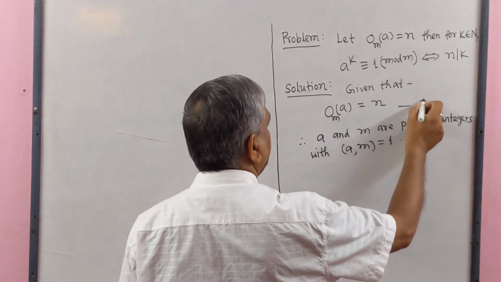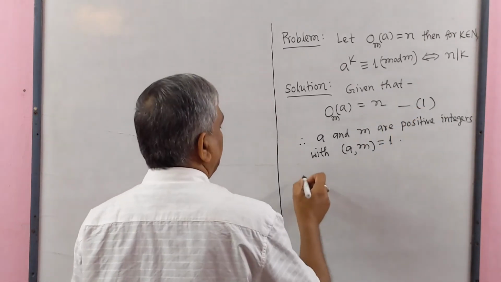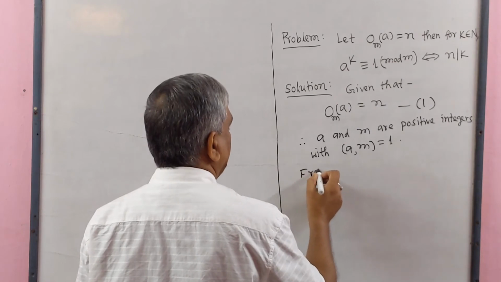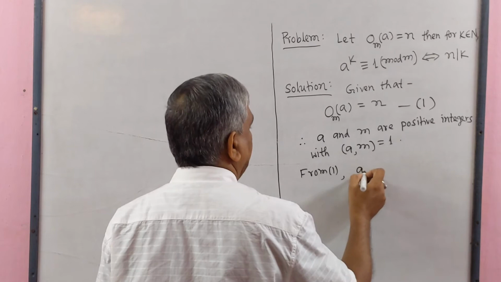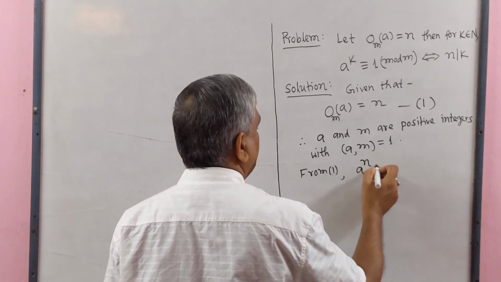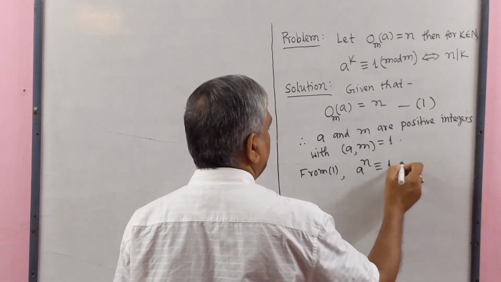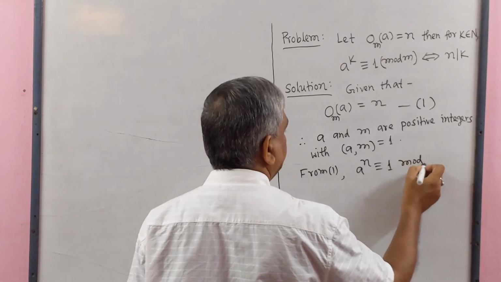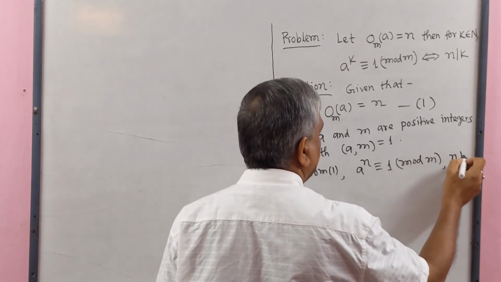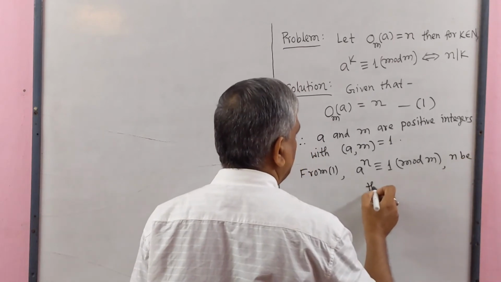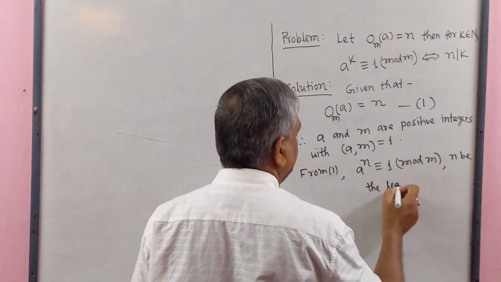Let this be number 1. From 1, a to the power n is congruent to 1 modulo m, n being the least positive integer.